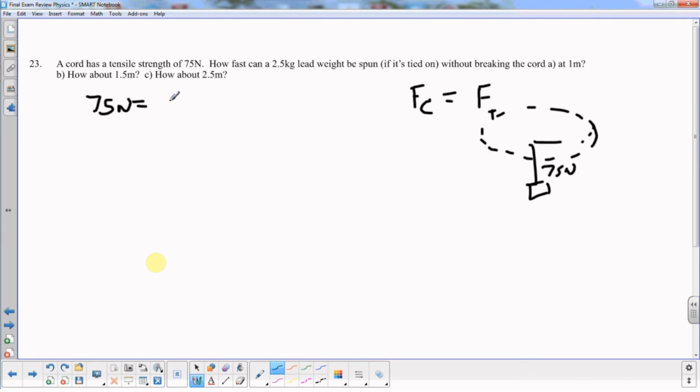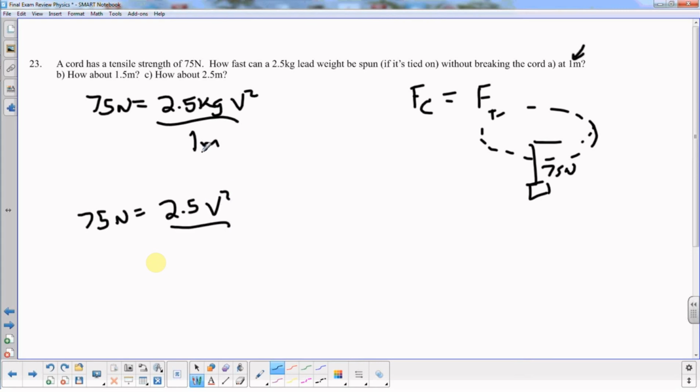How fast? So mv squared over r. Our m is 2.5 kilograms. v squared over r. So for our first little piece, 1 meter. For our second little piece, do the same thing. 75 newtons equals 2.5 v squared over, not 1 meter, 1.5 meters.